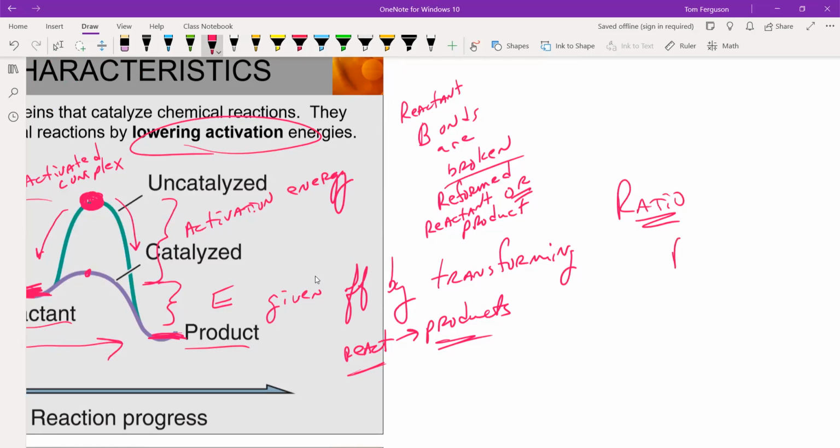And that's a ratio of product to reactants. And that ratio is called the equilibrium constant.